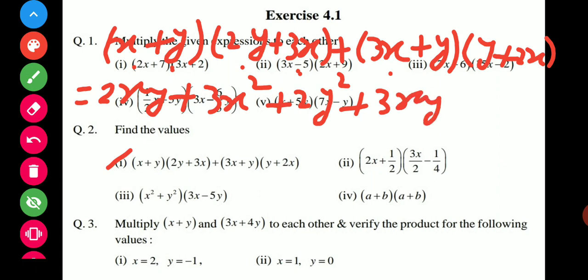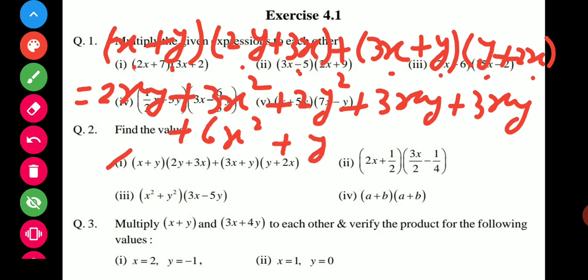Now 3x multiplied to y, so we get 3xy. 3x multiplied to 2x becomes 6x square, and y multiplied to y, so we get y square, and y multiplied to 2x, so we get plus 2xy.